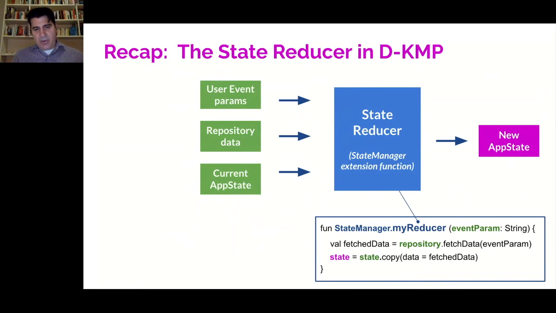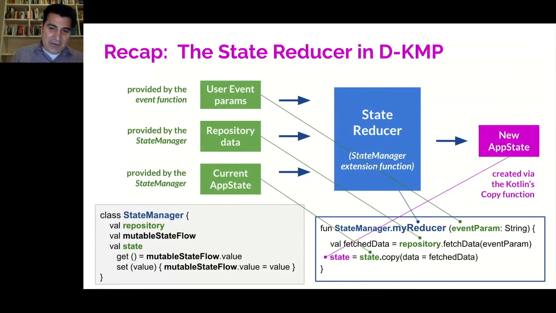Our computed property is just for convenience, because it helps us write much cleaner code. We are able to update the state just by saying state equals state.copy, otherwise we would have had to write mutableStateFlow.value equals mutableStateFlow.value.copy.